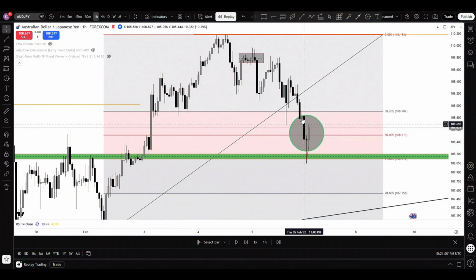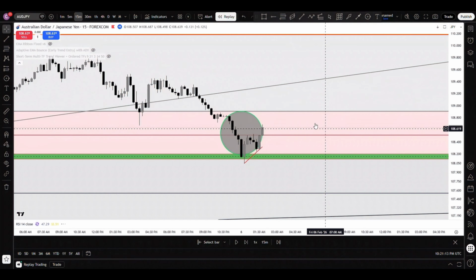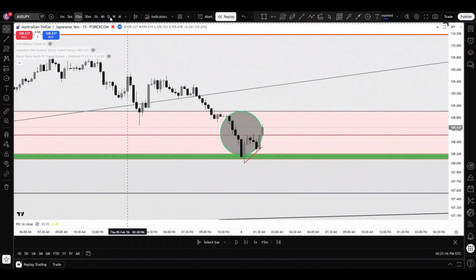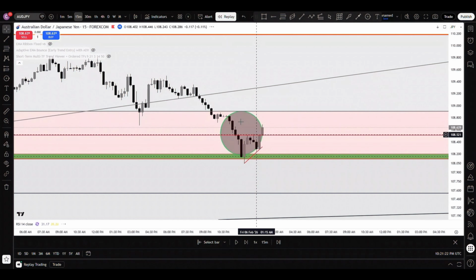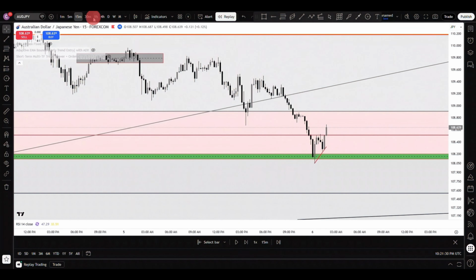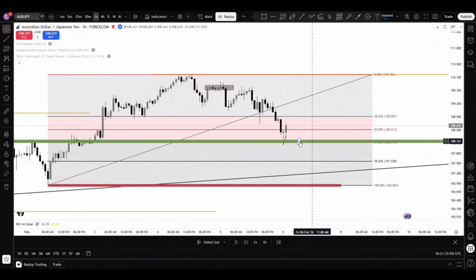Even though this doesn't look like a clear trend on the 1 hour or the 4 hour, go down to the 30-minute or the 15-minute time frame, this was a downtrend. So on the 1 hour, this is indicating to you that the downtrend on the 15 minutes is going to reverse and turn into an uptrend. On the 1 hour time frame, this is just letting you know that, hey, we found support.